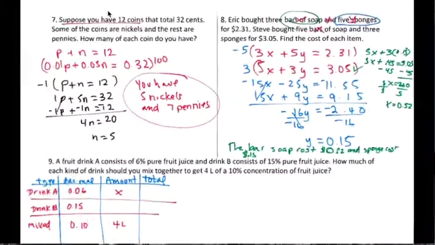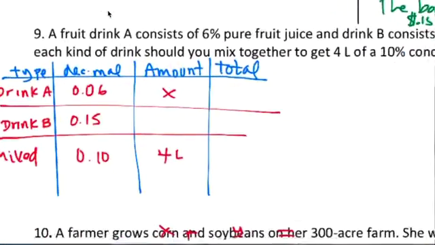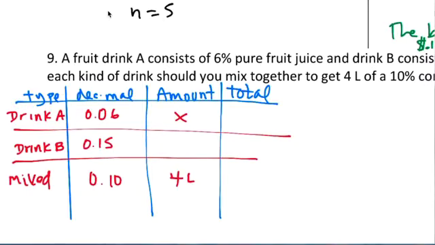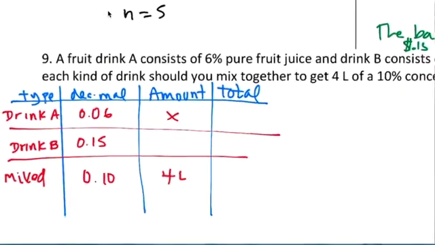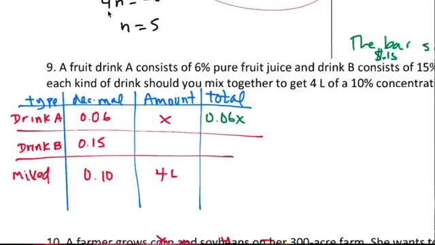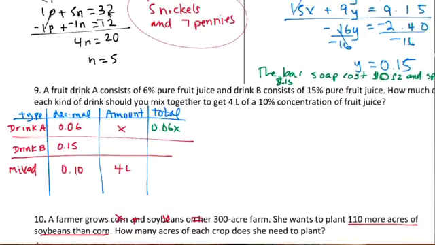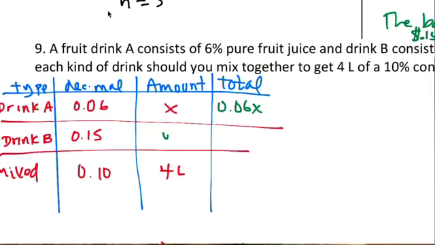Okay. And then the mixture problem, I set it up. You should have the type, decimal amount. Drink A, we don't know the amount, so we get 0.06x. Drink B, it's 15% pure juice. We don't know the amount, so we give it y, multiply them together.